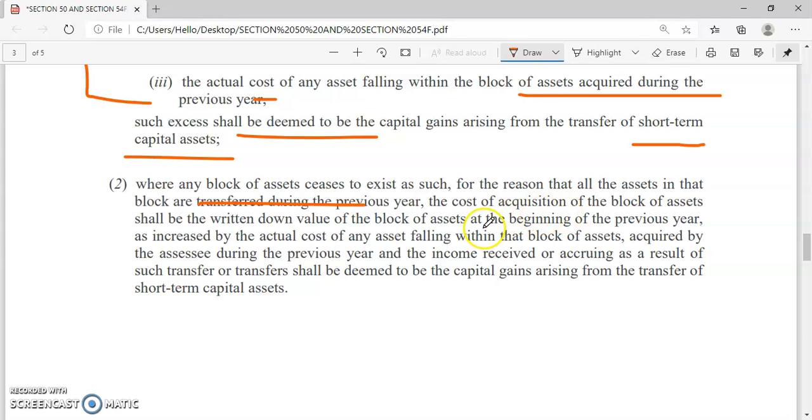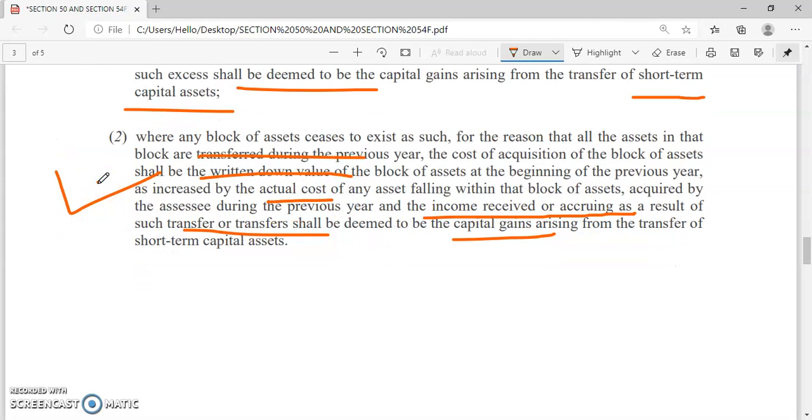The cost of acquisition shall be the written down value of the block of asset at the beginning of the year plus the actual cost of assets acquired during the year, and the income received as a result of such transfer shall be deemed to be the capital gain. So if all the assets are transferred, that is the block ceases to exist, the WDV plus asset acquired will be the cost of acquisition, less the full value of consideration. If the full value of consideration is more, then it will be termed as a capital gain.